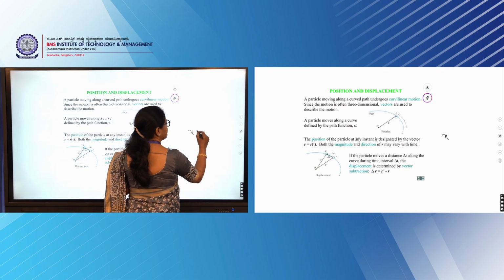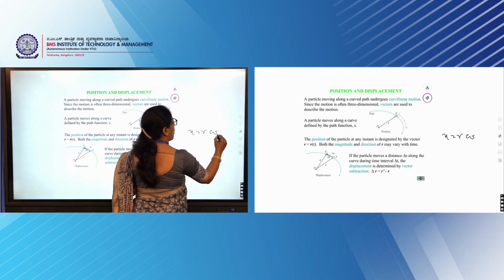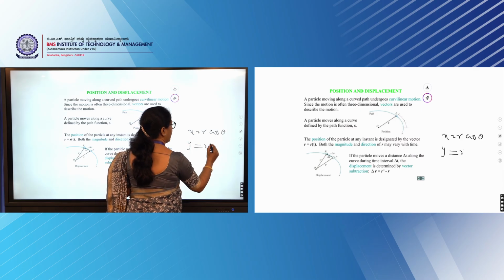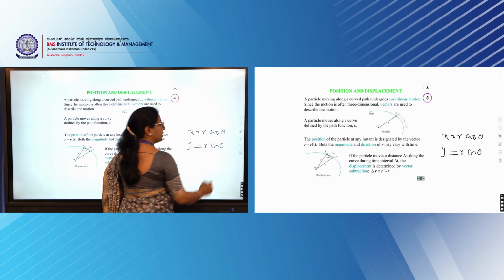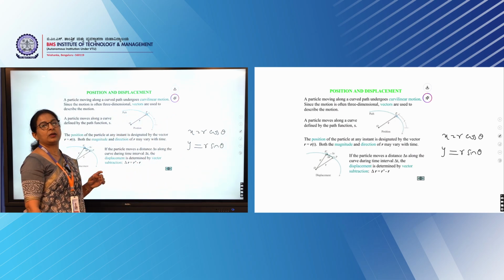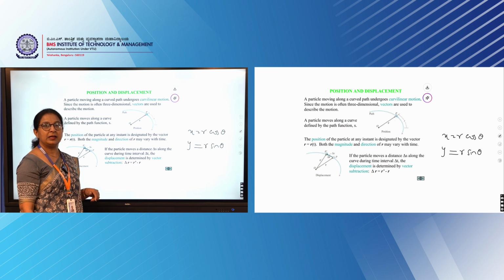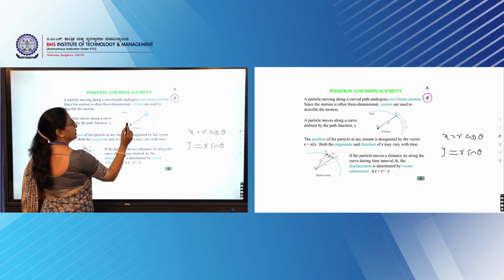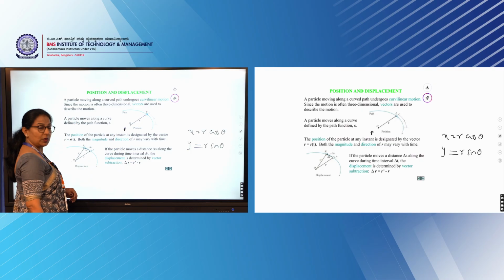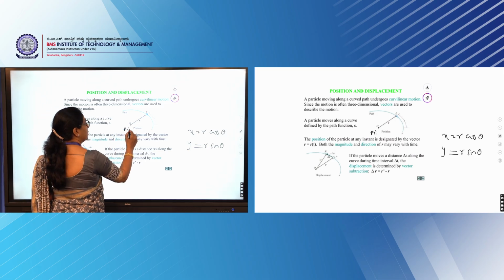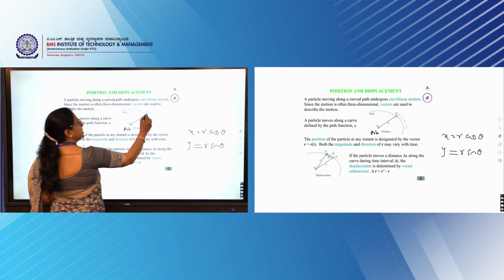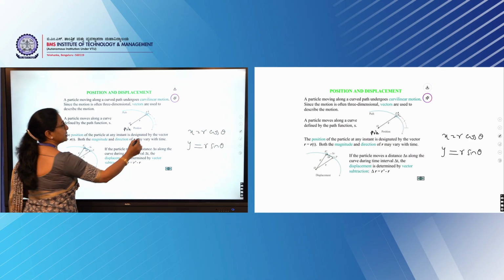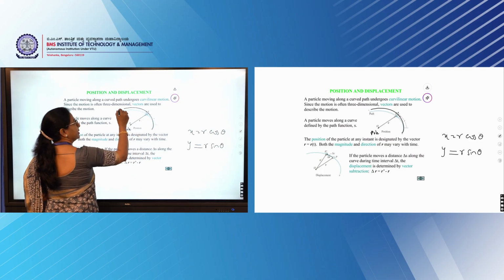As you already know, x is equal to r cos theta, y is equal to r sin theta, isn't it? That is what we are trying to understand now in detail. Here is how we take a position: this is the pole, a starting point, and this is the position of any point P, a particle which is traveling.